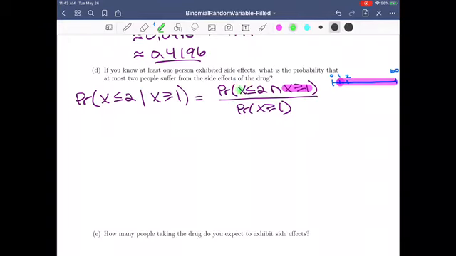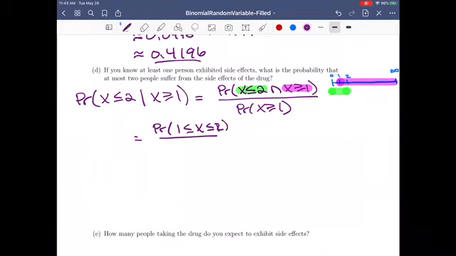If x is less than or equal to 2, it means that I'm 0 to 2 only. So where do these overlap? Well, they have to be either 1 or 2. So this is the same as saying the probability that x is between 1 and 2.